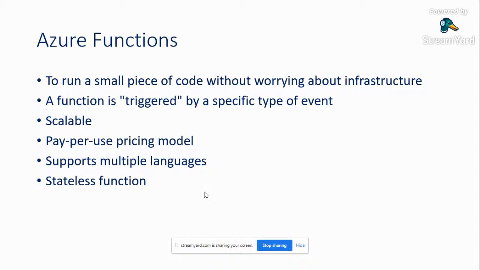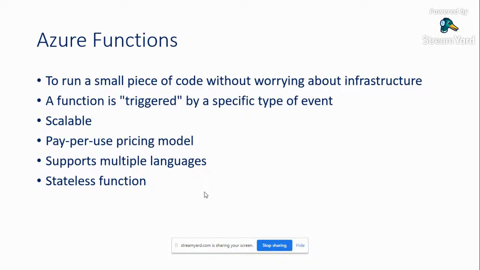Okay, next is it supports multiple languages. Multiple languages means we have C sharp, F sharp, Python, JavaScript, and so many languages. So Azure Functions support most of the languages, and we say that Azure Functions are stateless functions. Why? Because we don't have any way to maintain the state.